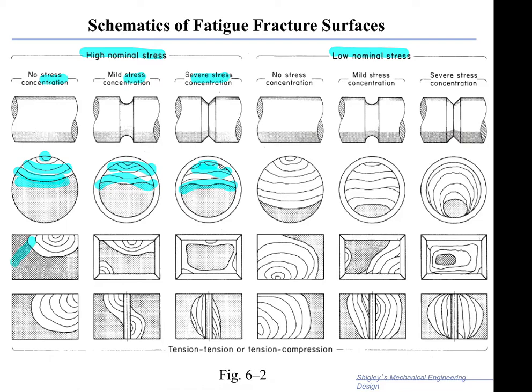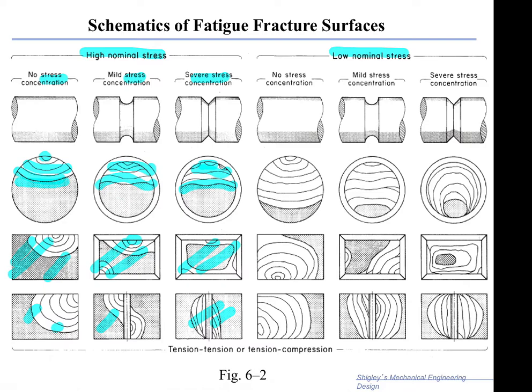The bottom is for cross sections that are not round, and there you can see that the cracks start from the corners, usually from the corners where you have high stress concentration.